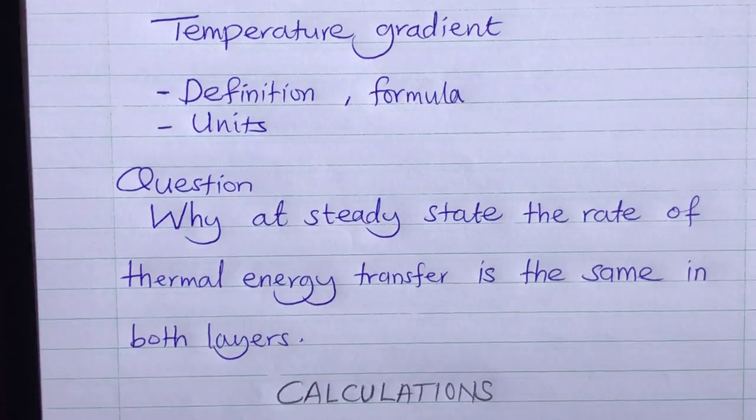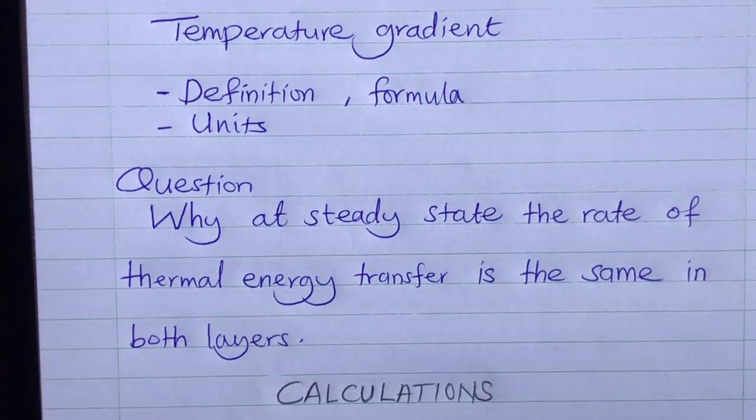So from that, we can easily derive the formula, which is temperature difference across the ends of the conductor divided by the length or thickness of the conductor. And since it is temperature difference over the length, the units will be Kelvin per meter. That is for temperature gradient.